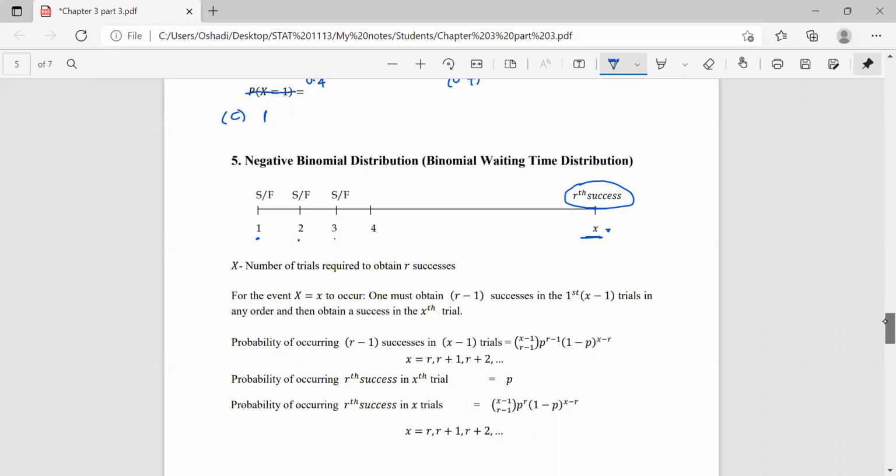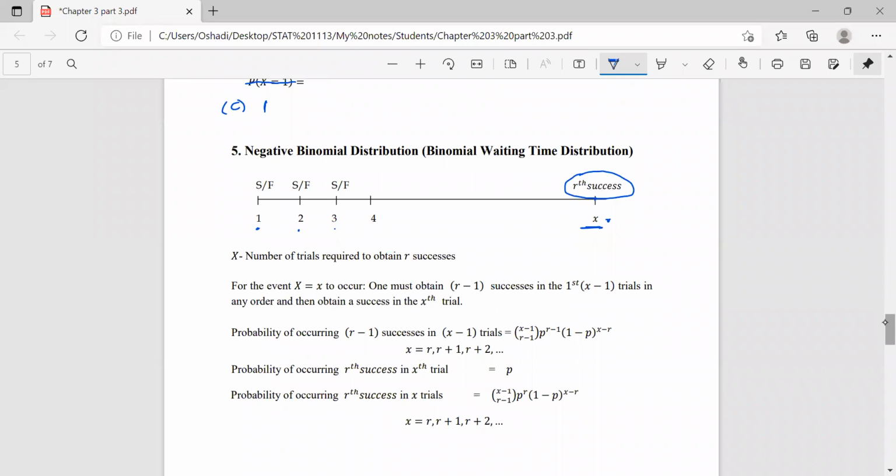So for the event X equals x to occur, one must obtain r minus 1 successes in the first x minus 1 trials in any order, and then obtain a success in the x-th trial. That means, so this is x and this is the x minus 1 trial.